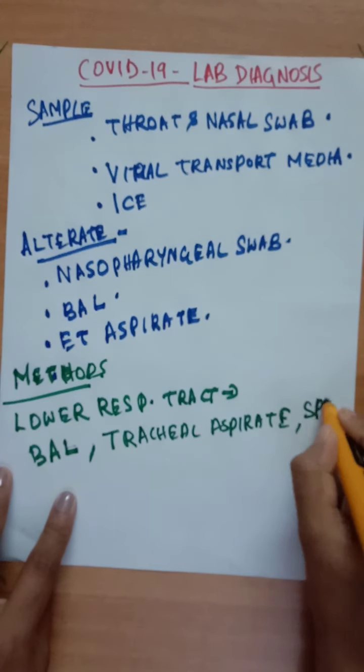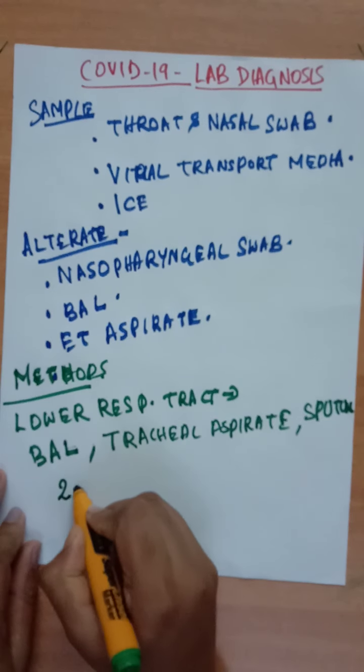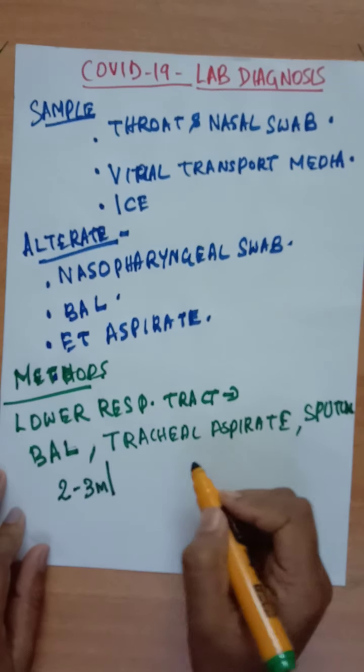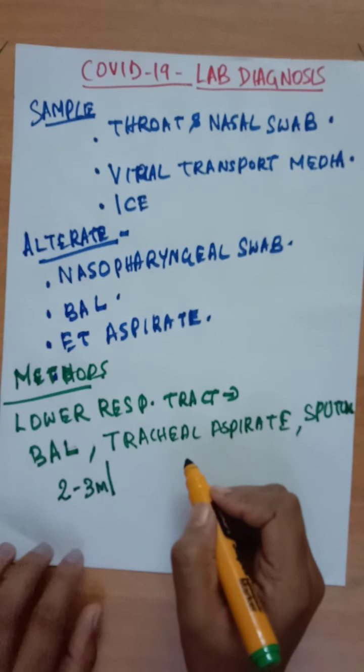Collect about 2 to 3 ml into a sterile, leak-proof, screw cap sputum collection cup or a sterile dry container.